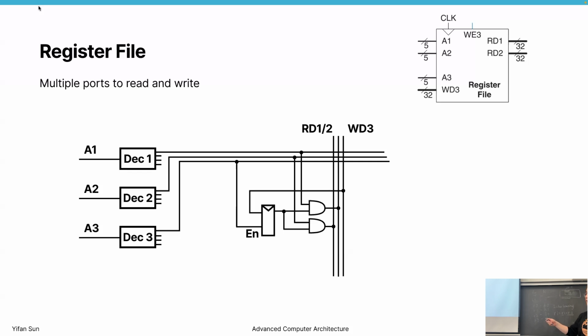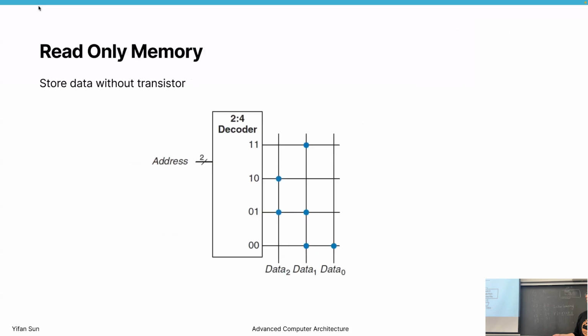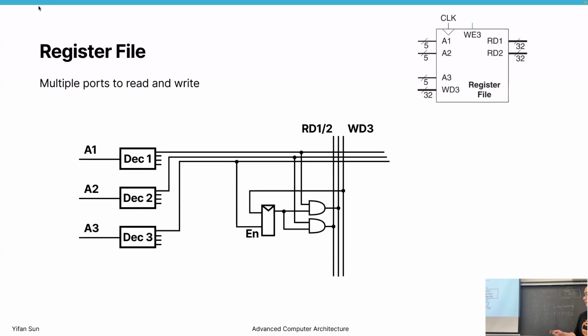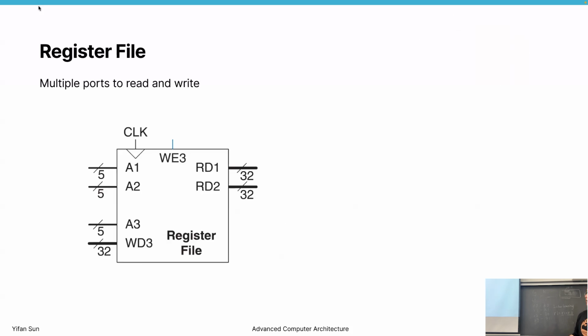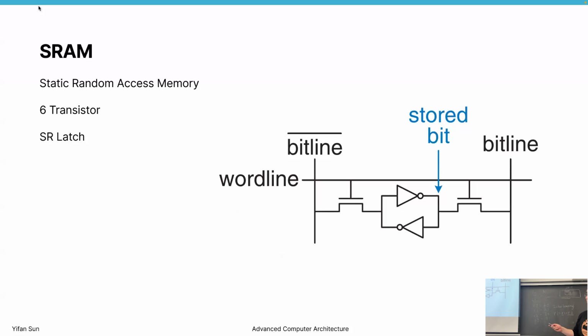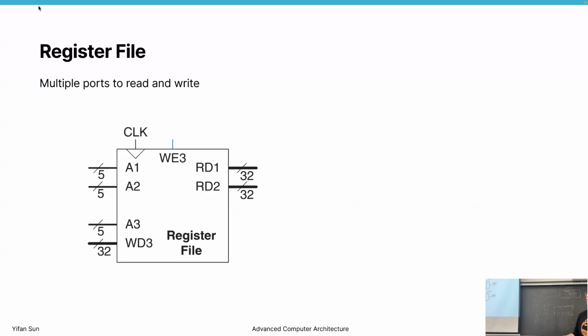So because this wire is directly connected to each register. But in this case, if we only have one port, that means we only have one bank, right? So there's 2 extremes.